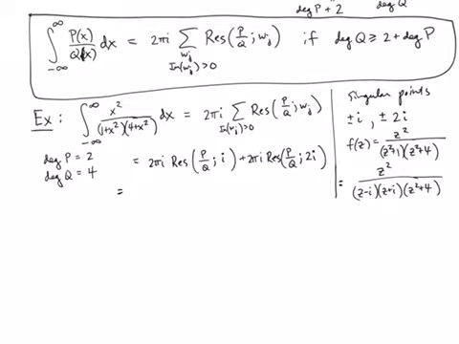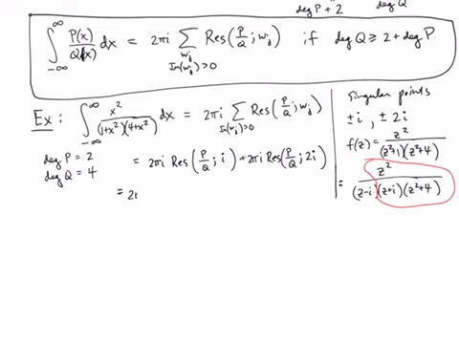And focusing at i, our k of z becomes this function here. Since our m is 1, we get a 0th degree derivative, in other words, just the function k itself, and we just evaluate that at i.